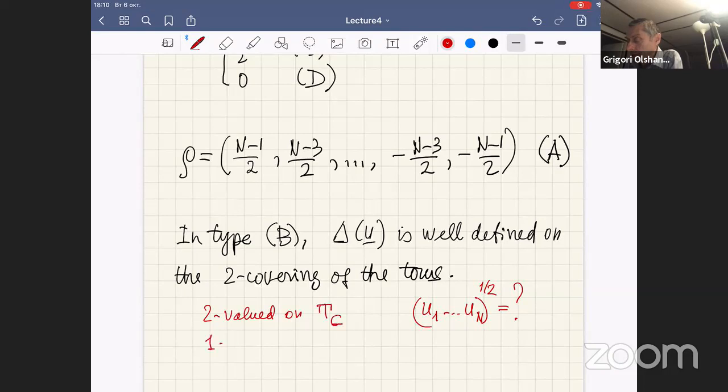But it is correctly defined on its double covering, which is just the maximal torus in the spin group. So actually, all is okay if you pass to the spinor group. But we will see that in some formulas, this ambiguity disappears. So essentially, there is no problem with this ambiguity.